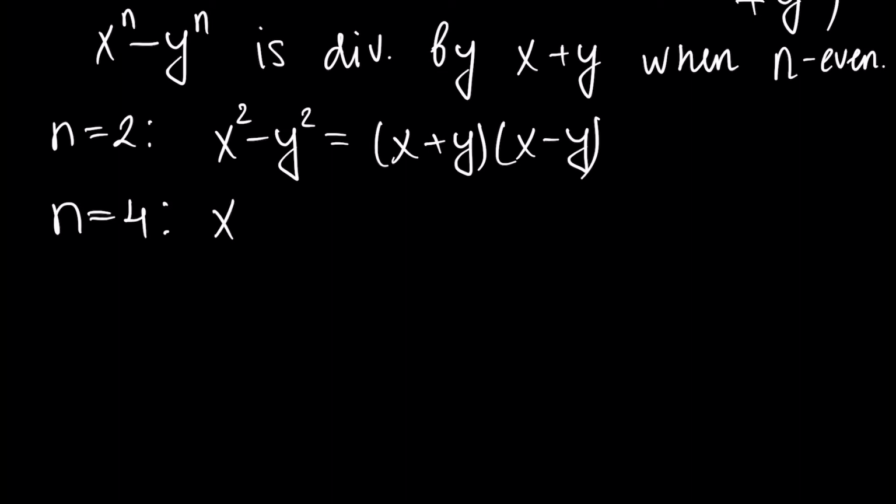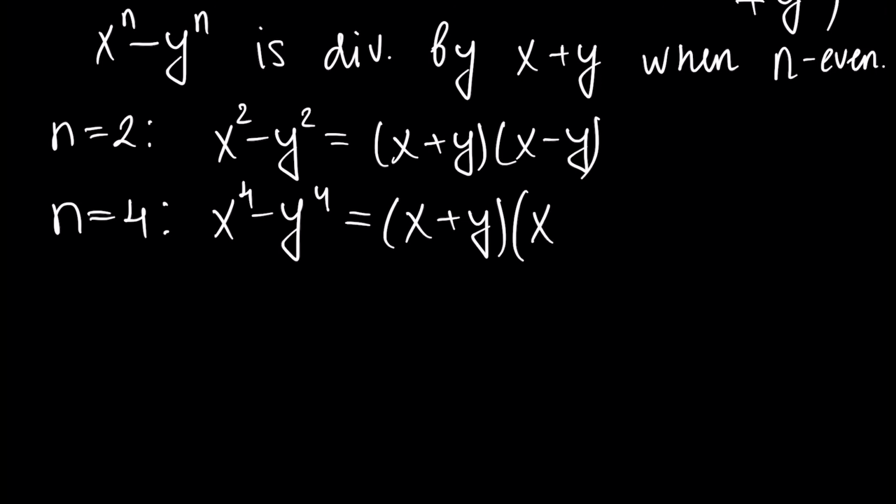So we have x to the power 4 minus y to the power 4. It can be represented as x plus y times another polynomial of degree 3. This is x to the power 3, x squared y, x y squared, y to the power 3.